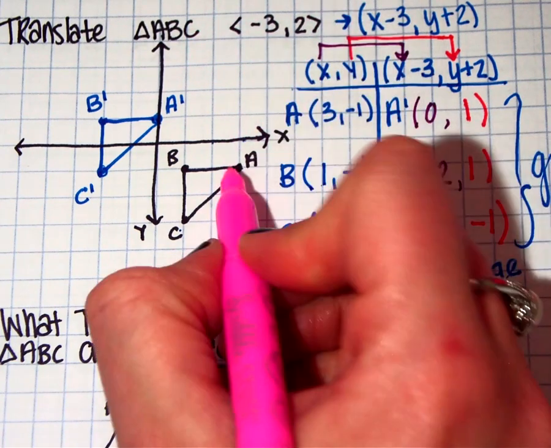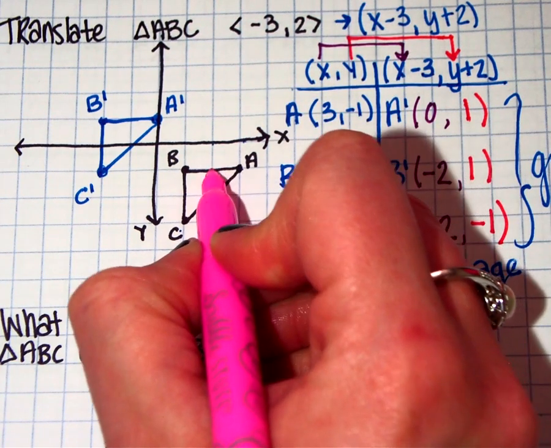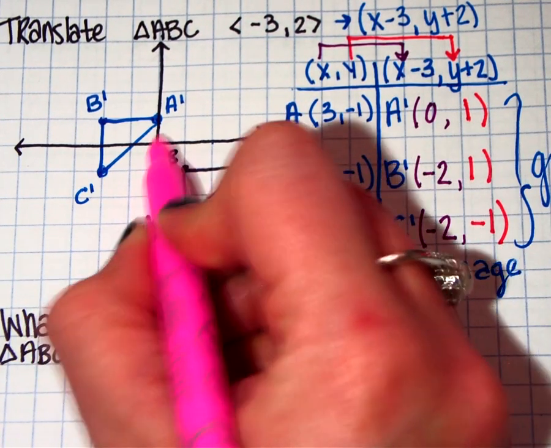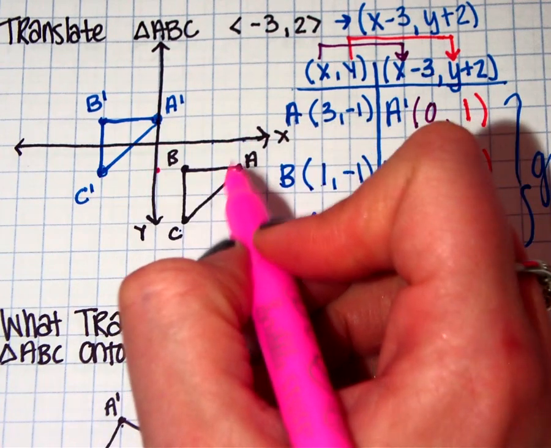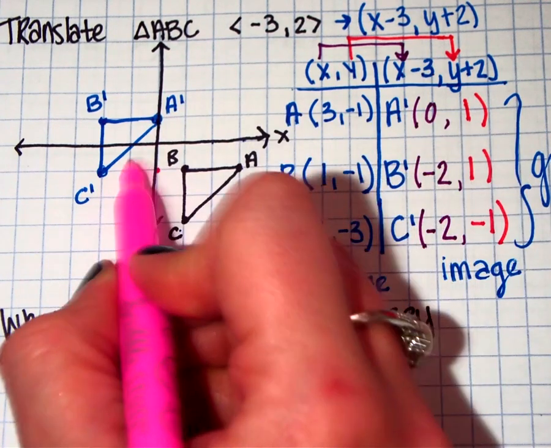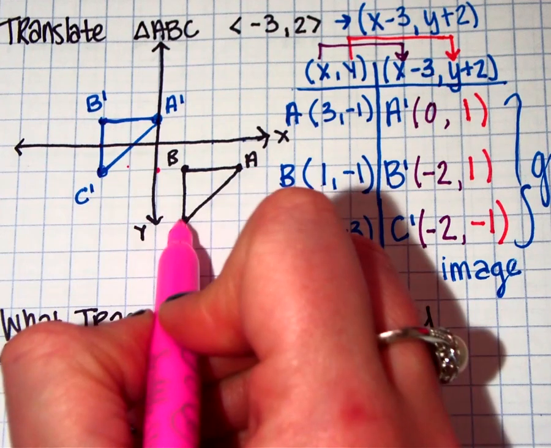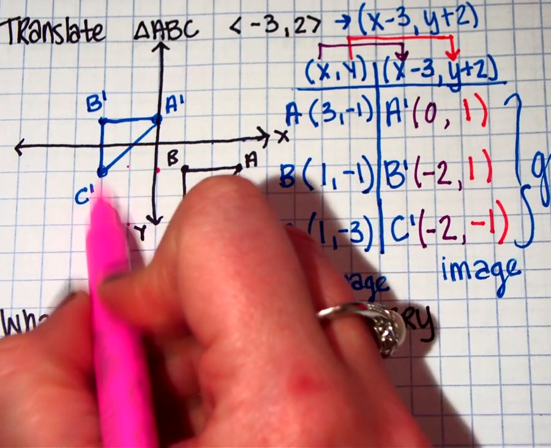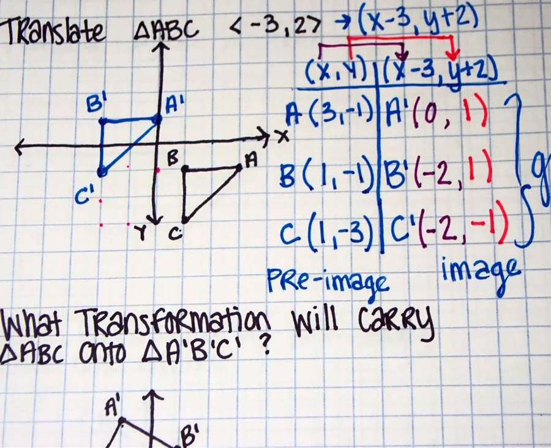So I'd start at A, I would count left 3, 1, 2, 3, up 2, 1, 2. That's A prime. Then I would go to B, 1, 2, 3, 1, 2. C, 1, 2, 3, 1, 2. So you can do it that way, but just be mindful that when we're throwing in reflections and rotations, the T-chart just really helps you stay organized.